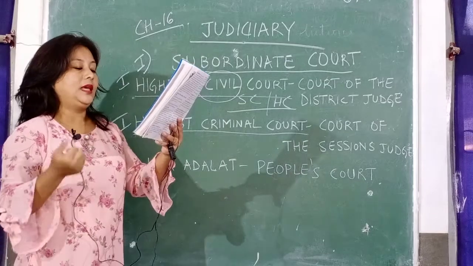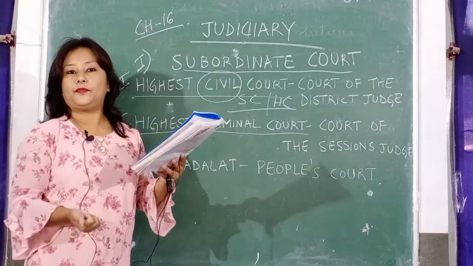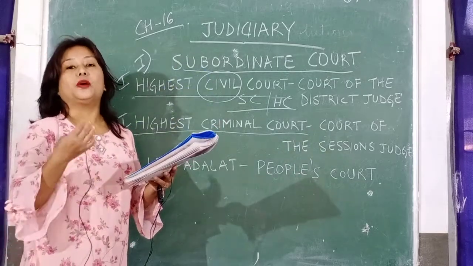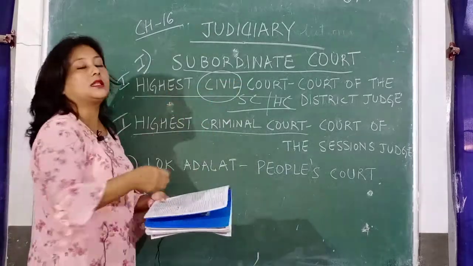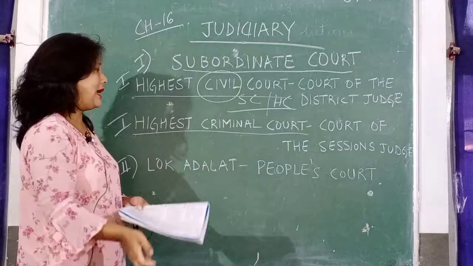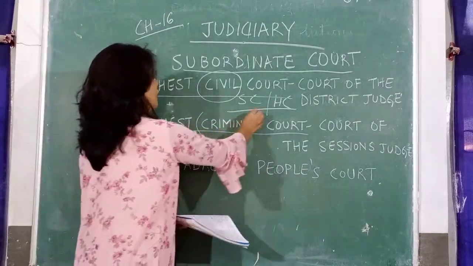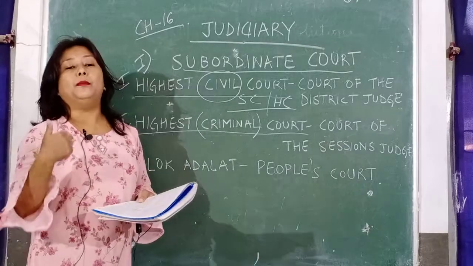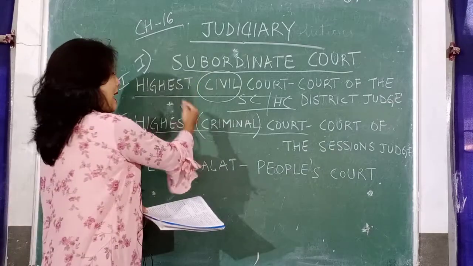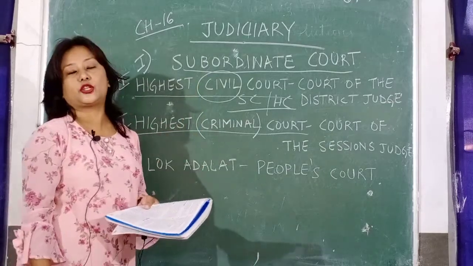For example, cases relating to your land, your property, your marriage, etc. come under the highest civil court. Whereas the highest criminal court deals with cases like theft, robbery, murder, etc. These come under the court of the sessions judge.